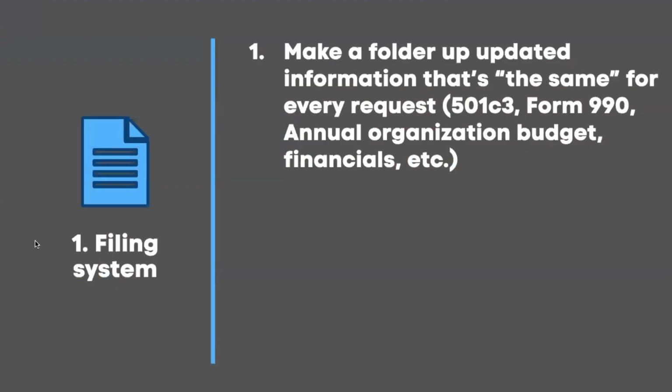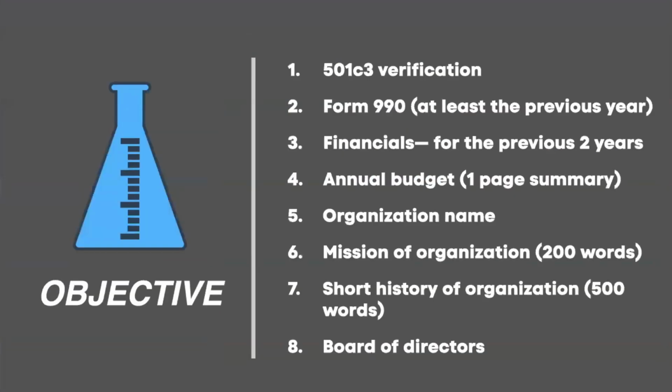A filing system. You need to make a folder of updated information that's the same for every request. Now, as I told you way back in module 1, all grant makers ask for the same objective data. Every single grant maker is asking you for the 501c3 verification, your Form 990, your financials from the previous 2 years, your annual budget, your organization name, the mission of your organization, the short history of your organization, and your board of directors.